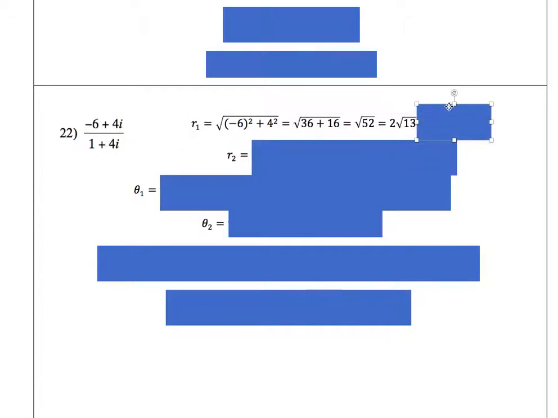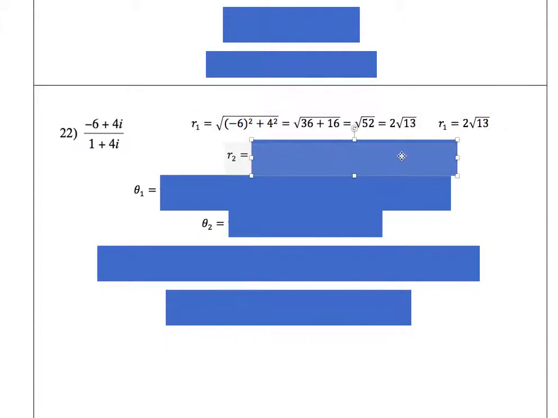And the square root of 52, if we plug it all into the calculator, we're going to get decimals, but we can reduce that. And 52 is just 4 times 13, and the square root of 4 is 2 times 13. So my first radius, my R1, is 2 times root 13.